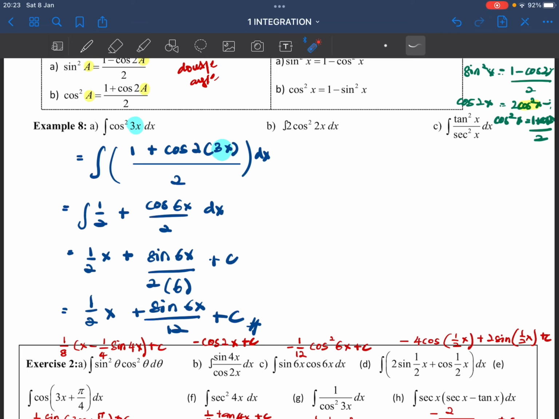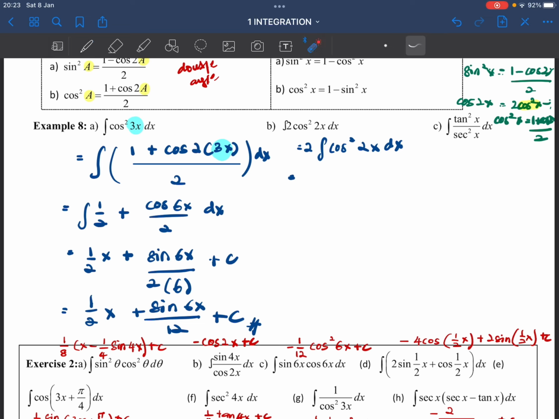We have 2 cos square 2x. You see this question, you have cos square 2x, so you know that you have to use your double angle. Let's take out the constant first. We take out the 2, so we want to integrate cos square 2x. You know that you have to use this formula here.